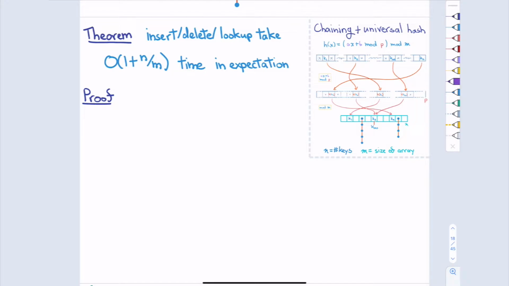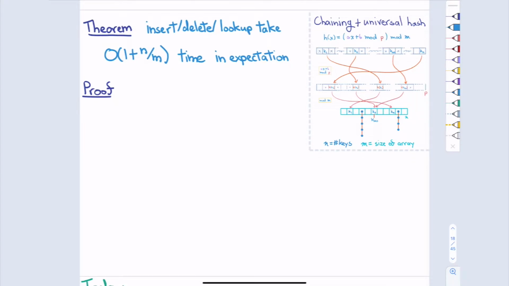Okay, so how might we set this up? Okay, let me get us started. The running time is going to be roughly the length of the list corresponding to h(k). So let's say that we want to analyze this quantity.